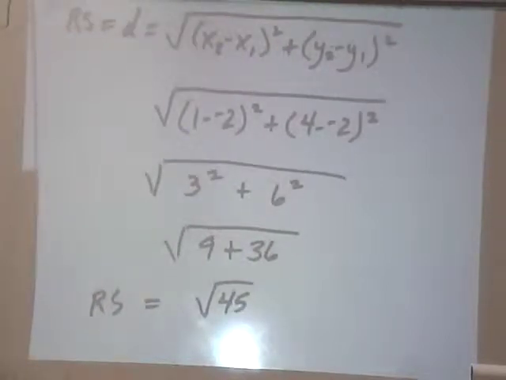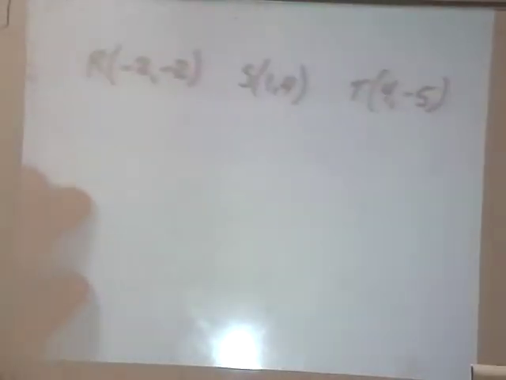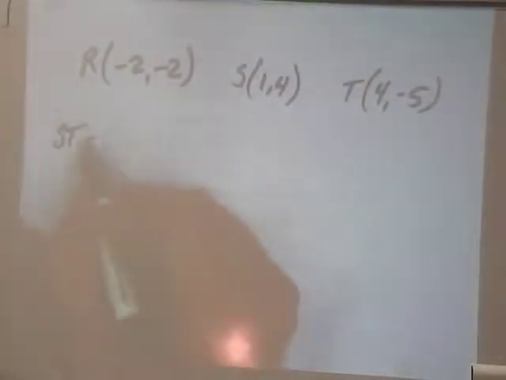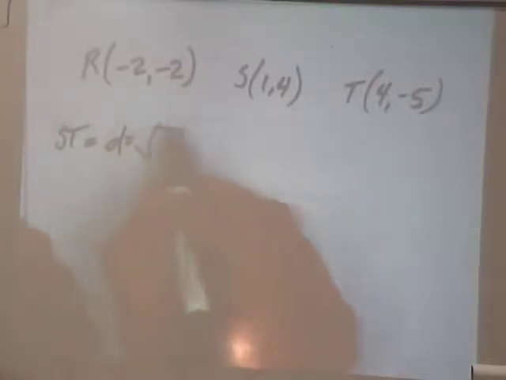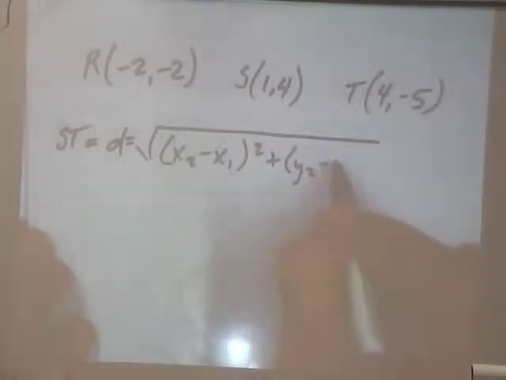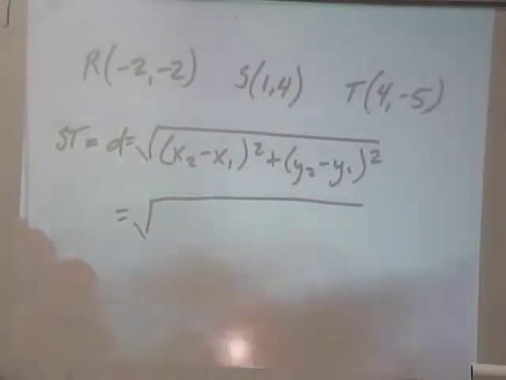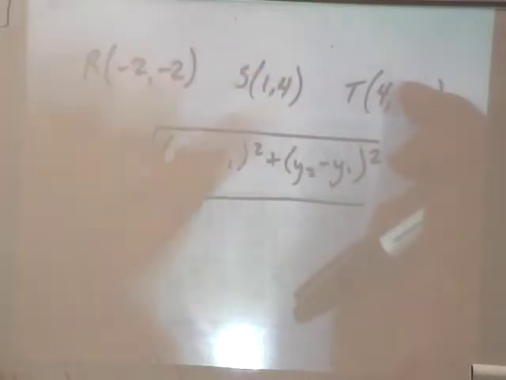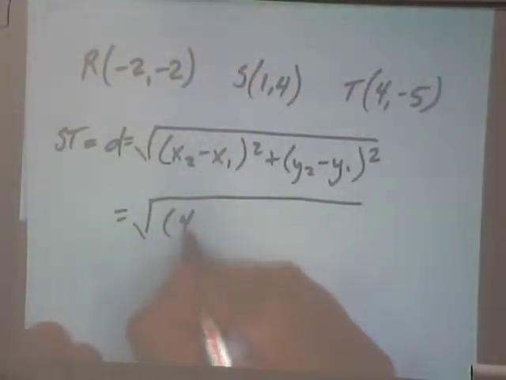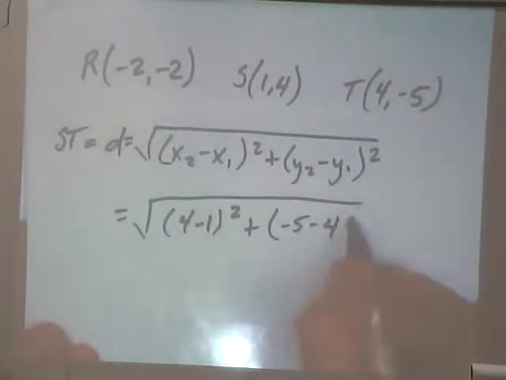All right, so let's do the distance from S to T now. Distance is equal to, we're doing S to T. So 4 minus 1 squared plus -5 minus 4 squared.